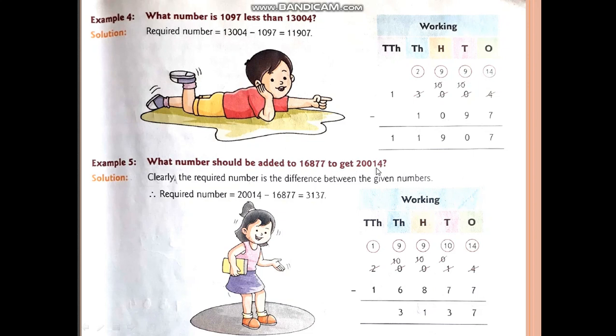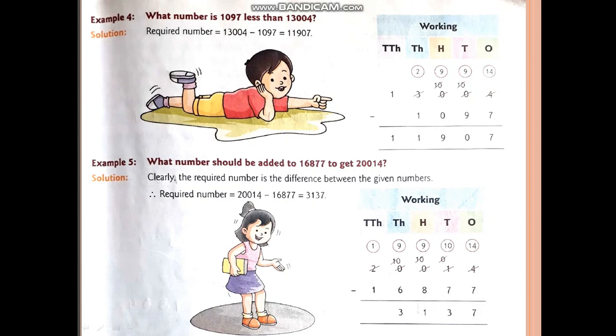The next example I am taking: what number should be added to 16,877 to get 20,014? Here you have to add some number to 16,877 so that your answer will be this. So we have to subtract 16,877 from 20,014.